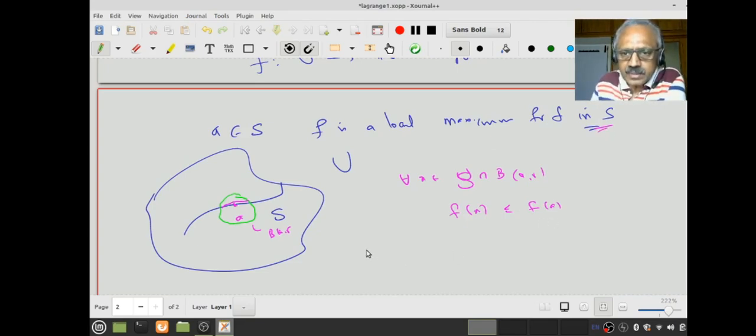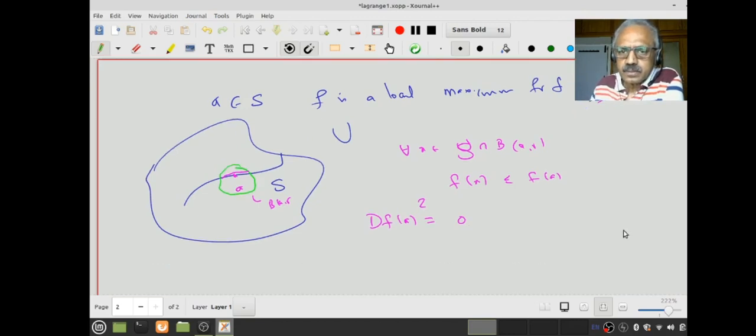Can I expect the derivative of f at a to be 0? Remember, the set S may not be open. If S were open, then the ball intersection S would again be open, and we would be in good shape.